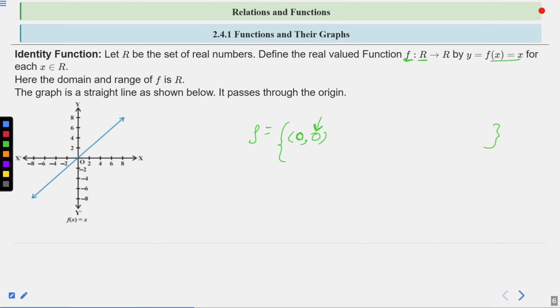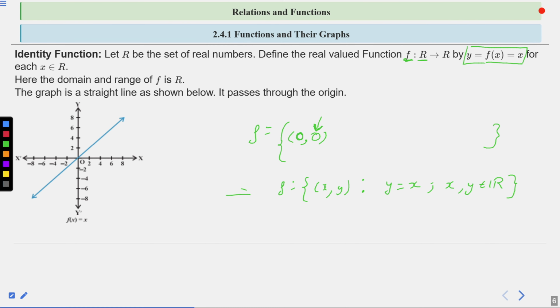Quite simple, 0. Why? Because we want our ordered pair in which, so simply if you write it in set builder form, what you have to do is collect all (x, y) ordered pairs such that y must be the same as x. Yes, already given to us that y must be the same as x, where both x and y belong to the set of reals.